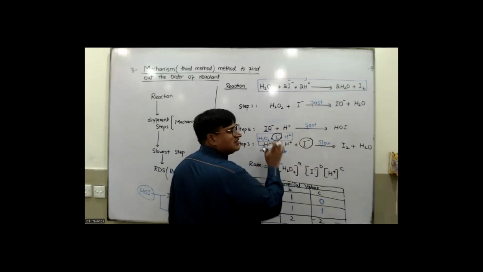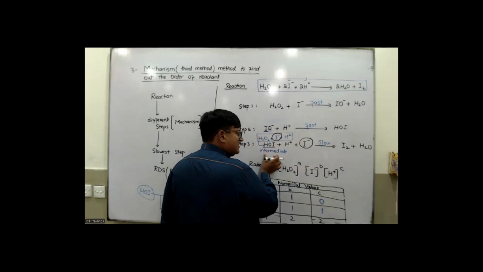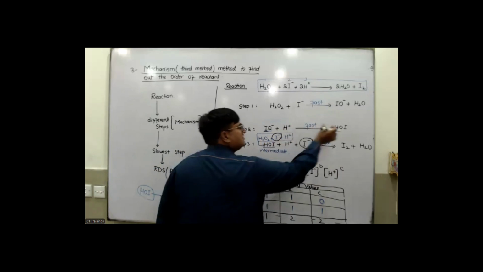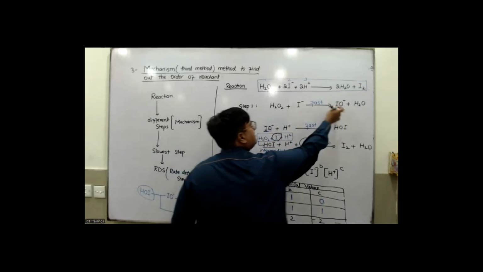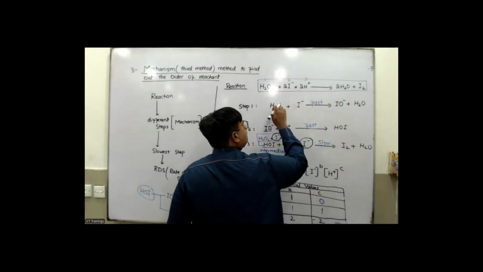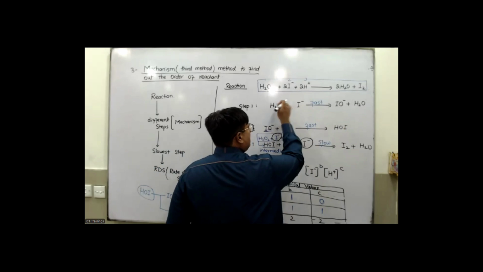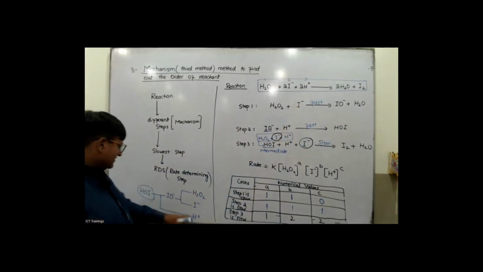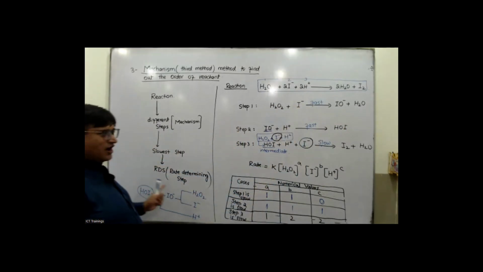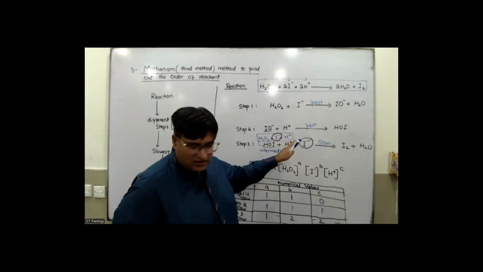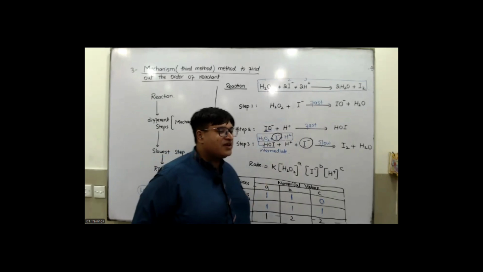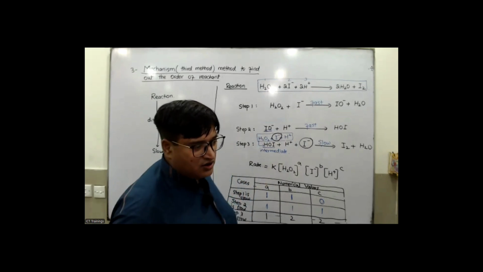But if an unusual thing is present, an intermediate, check what this intermediate is made up of. This is also an intermediate, made up of these two. So 1, 2, and 3, three reactants are made up into this HOI, so you should write these 3 reactants as 1 mole. In this way, you can calculate the order of reactants.